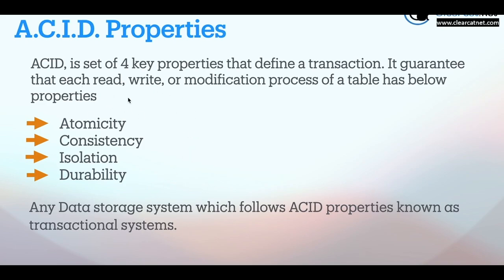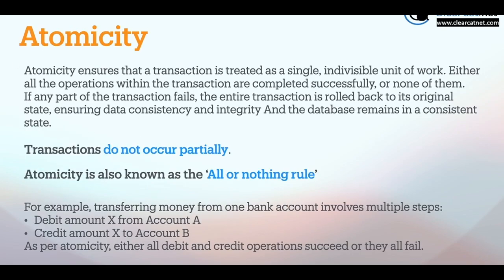Okay, let's check the first of them, atomicity. Atomicity ensures that a transaction is treated as a single individual unit of work. Either all the operations within the transaction are completed successfully or none of them.